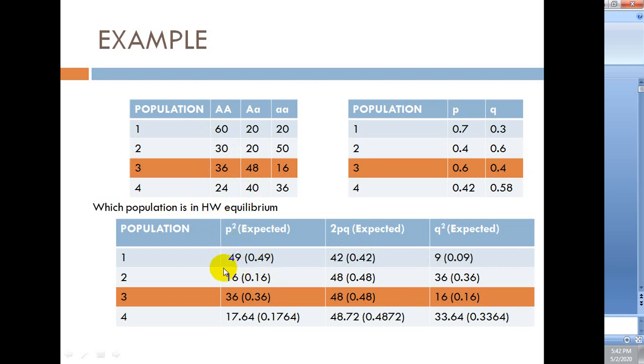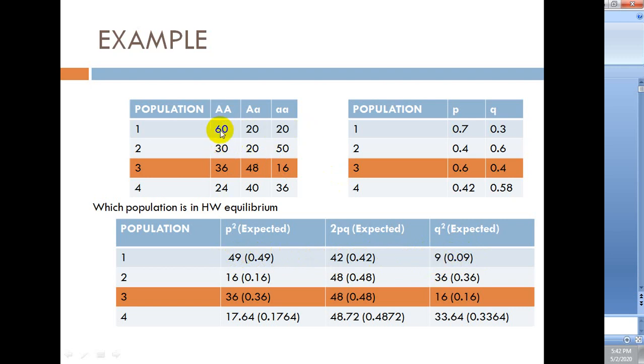So in 100 cases, 49 will be of homozygous dominant type, 42 will be of heterozygous type, and 9 will be of homozygous recessive type genotype.